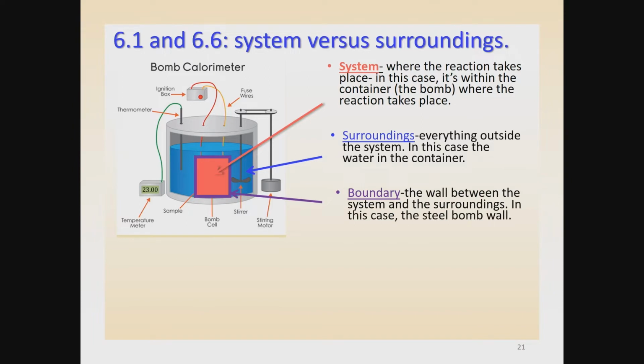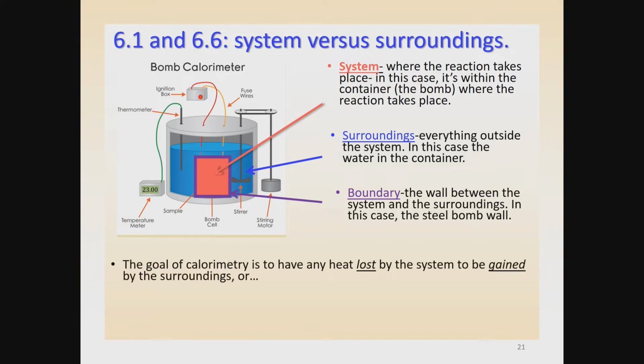So the system is the place where the chemical reaction in this case takes place. Now, everything outside of the system, anything outside of the can, we can call the surroundings. So the water outside of the can and the rest of the calorimeter are part of the surroundings. The actual dividing line between the system and the surroundings is called the boundary. So the actual metal can itself can be thought of as the boundary between the system and the surroundings.